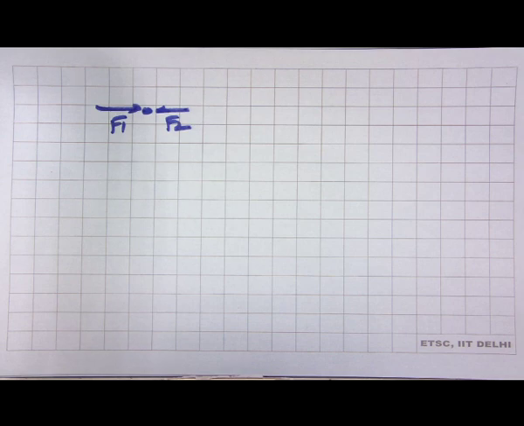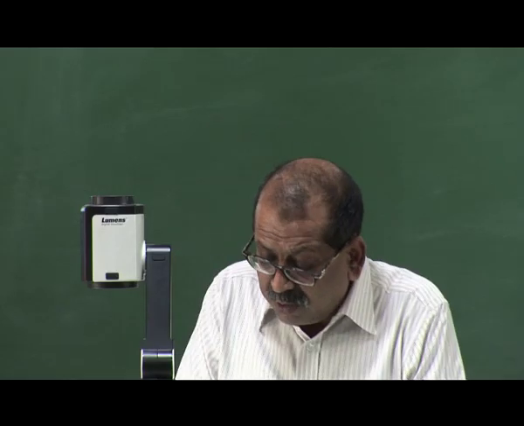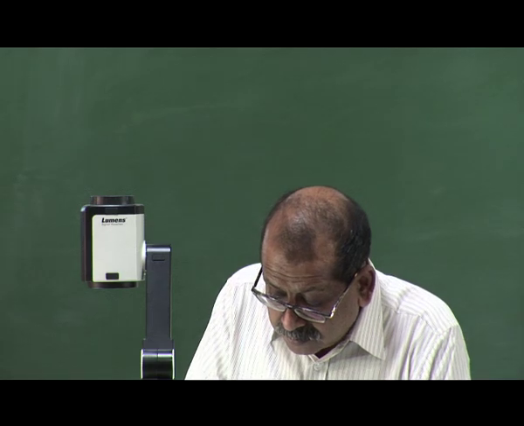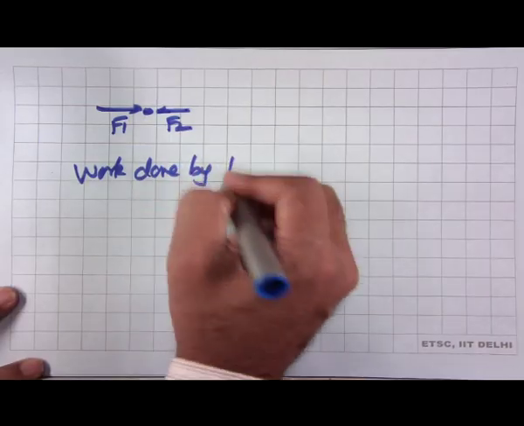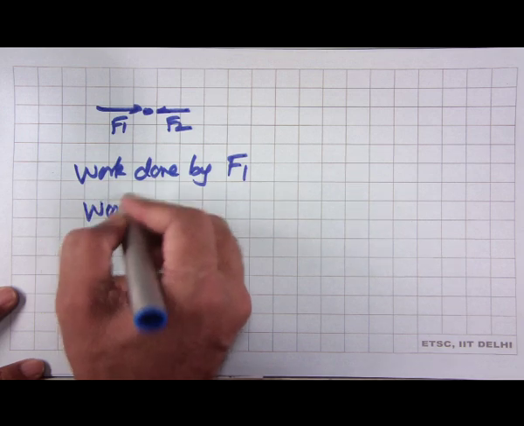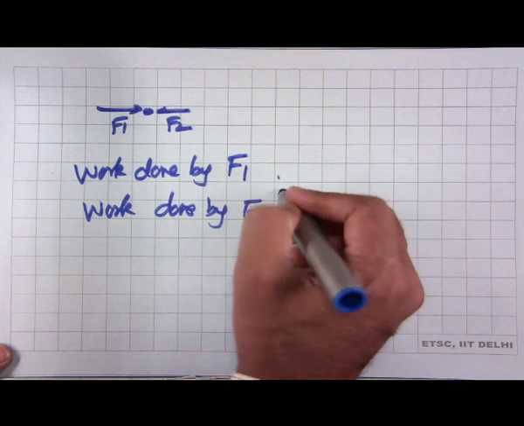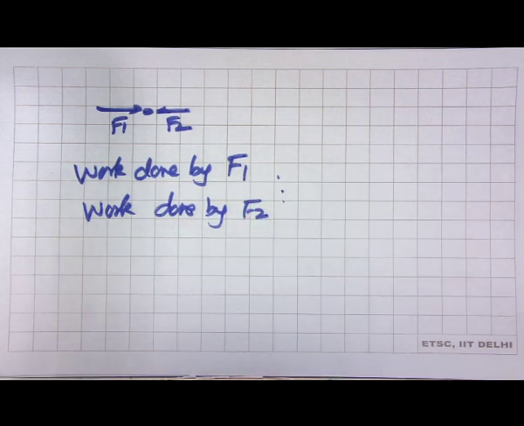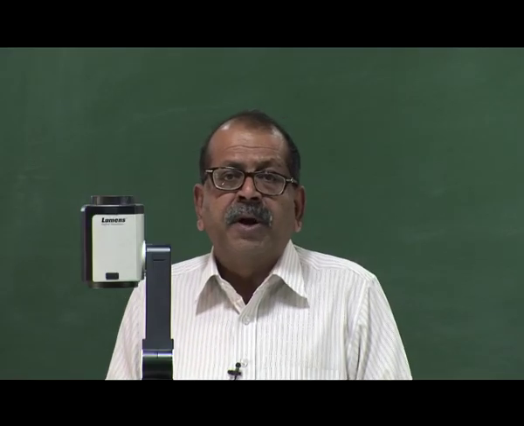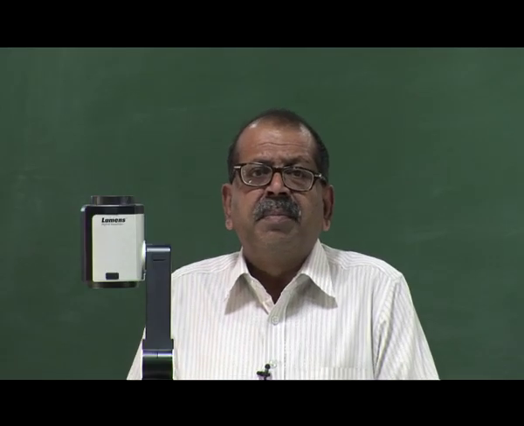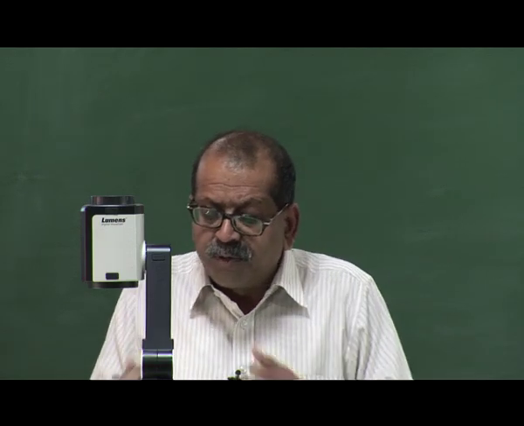So, different forces act on the same body. Now we will have work done by F1, work done by F2 and so on. Each force will do a work on the body, and the work done will be given by the product of force times the displacement.